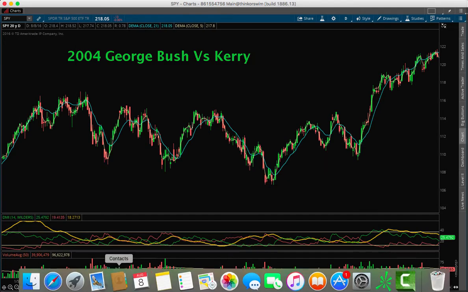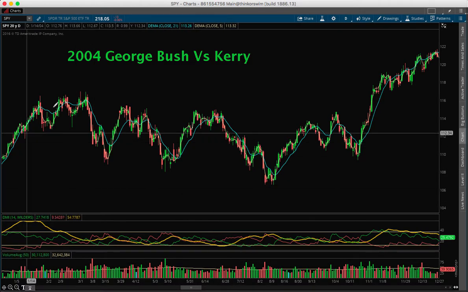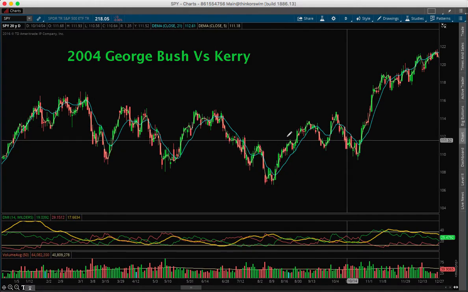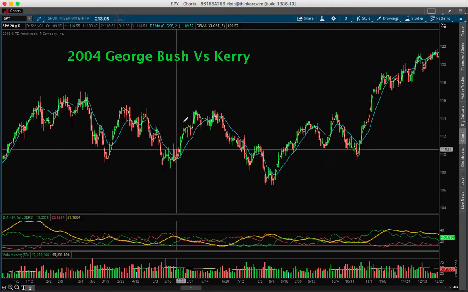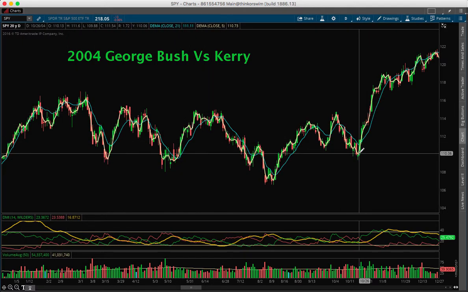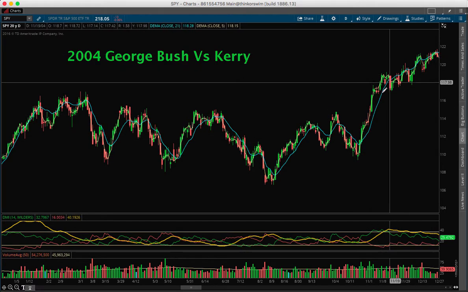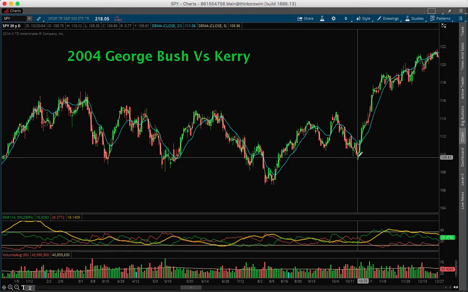If you were trading here, it was a boring election year because it moved sideways. And right around the beginning of November, it went up really nice. So you can see right here, and George Bush took office.